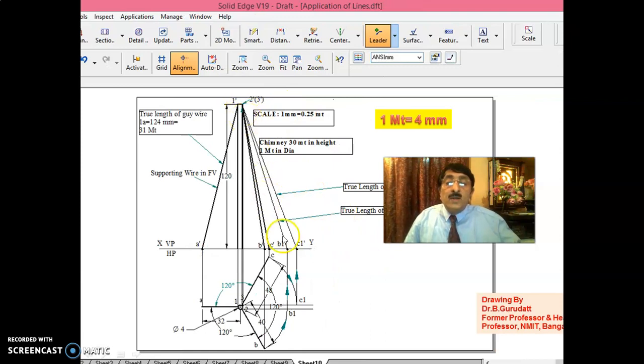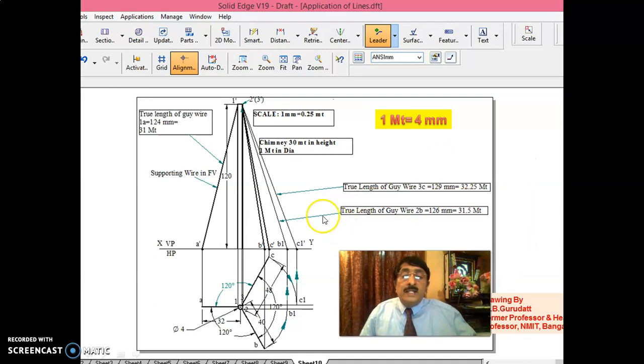Once you do this, you get the true length of the guy wire supporting the chimney. This is already in true length. That is why the true length of the first guy wire is 124 mm. You take this 124 mm into 0.25, you multiply, you get 31 meters.